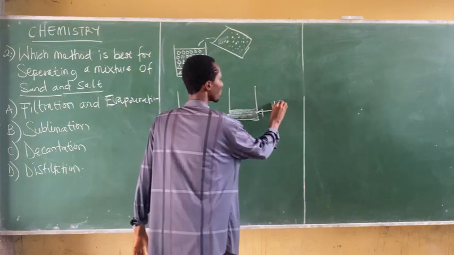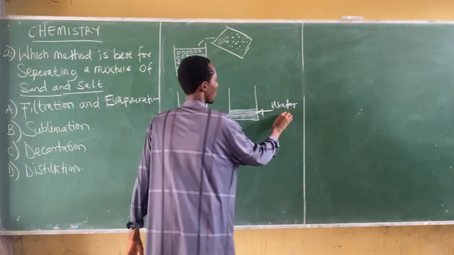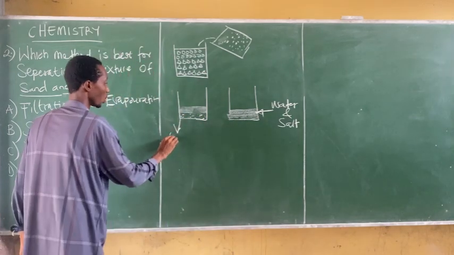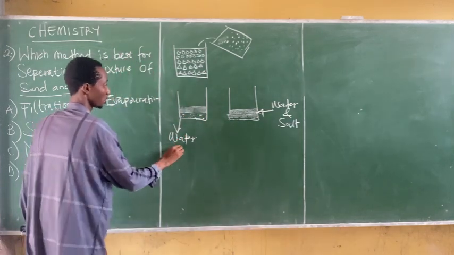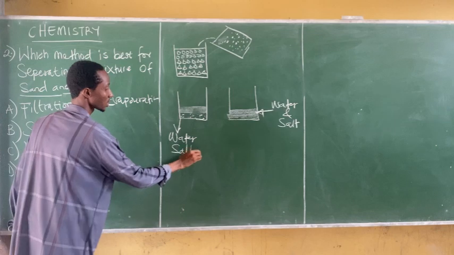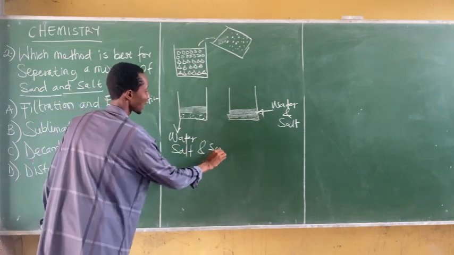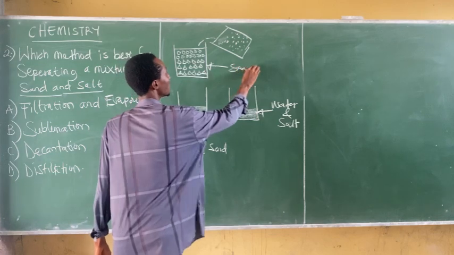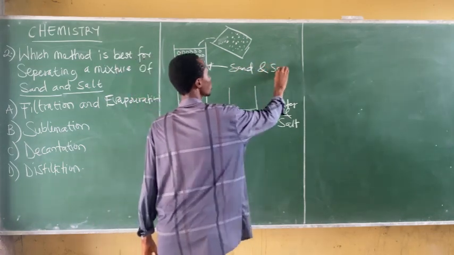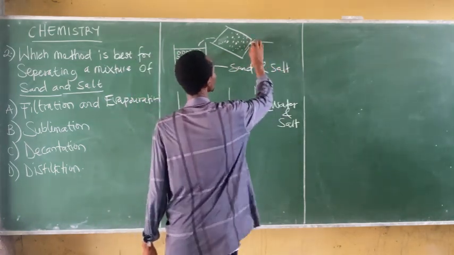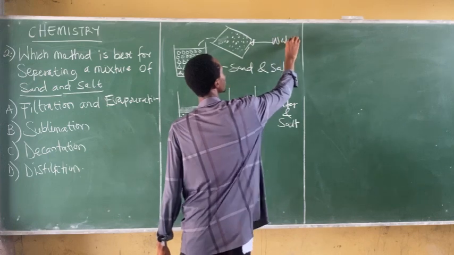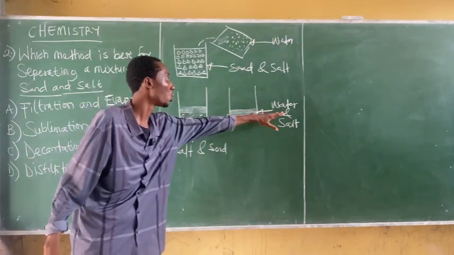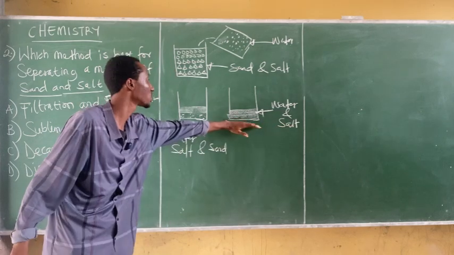This is water and salt. This is water, salt, and sand. This is just sand and salt. This is the water. Now when you get to this point, you have just water and salt left in this jar.